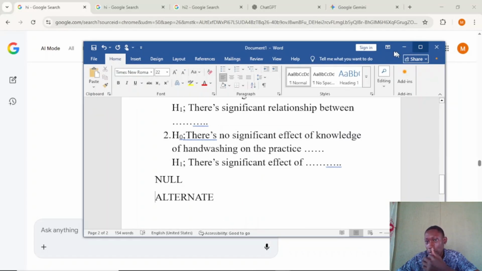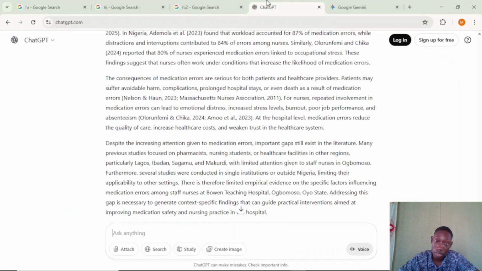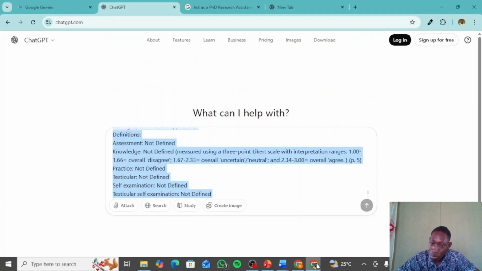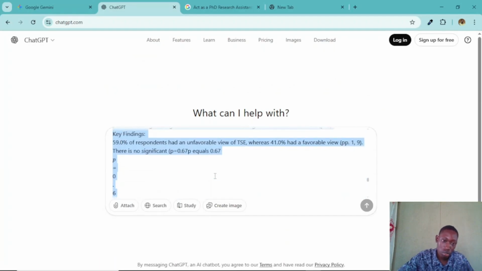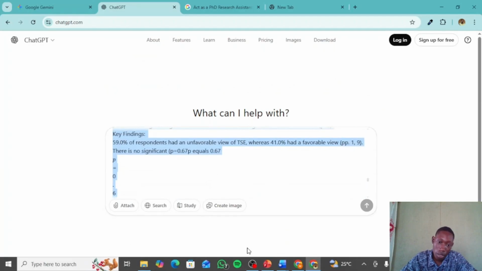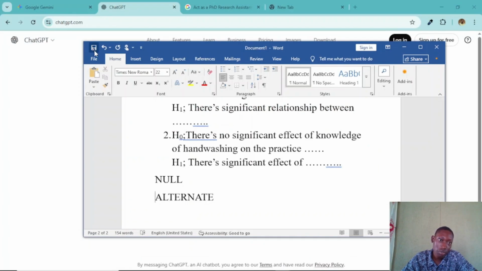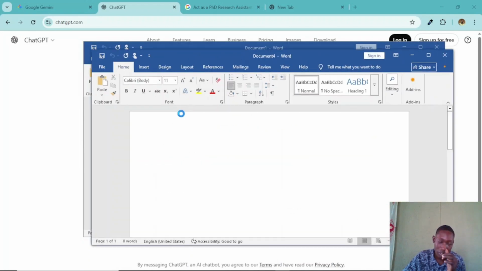But if you have used the prompt I sent during the last class for your analysis of journals, there is another way around it. There is always a way around it, you get. If you have a document file where you have saved it before, look at this now. Just Control C it. Just come here, open a new document file, Control V, paste it.